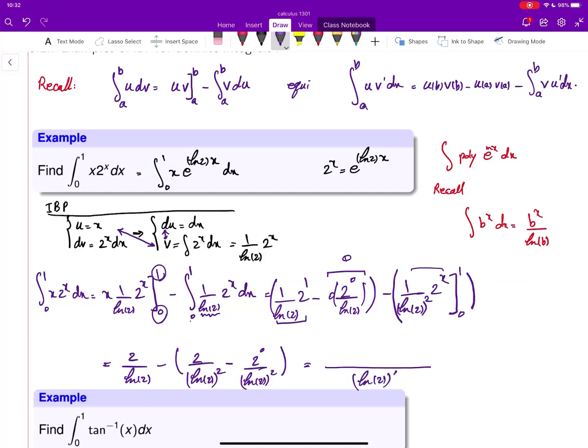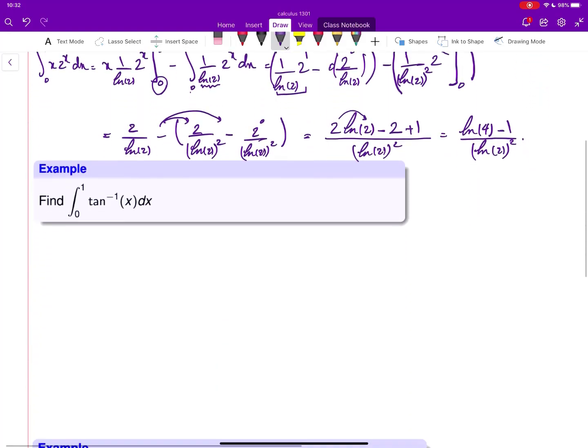These kinds of simplifications you are supposed to be able to do. This will be 2 ln 2 minus 2, where the minus needs to be multiplied both there and there, plus 1. Another simplification: I can bring the 2 inside the log and put it as a power, so 2 to the power 2 is 4. This is ln 4 minus 1 over ln of 2 squared. That's the value we have for that specific one.